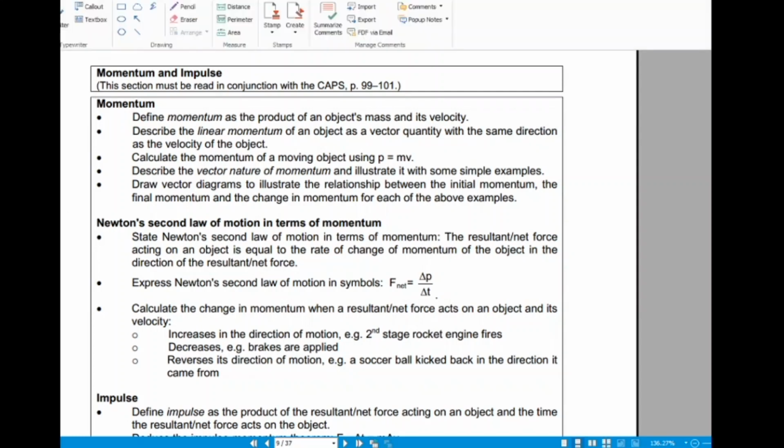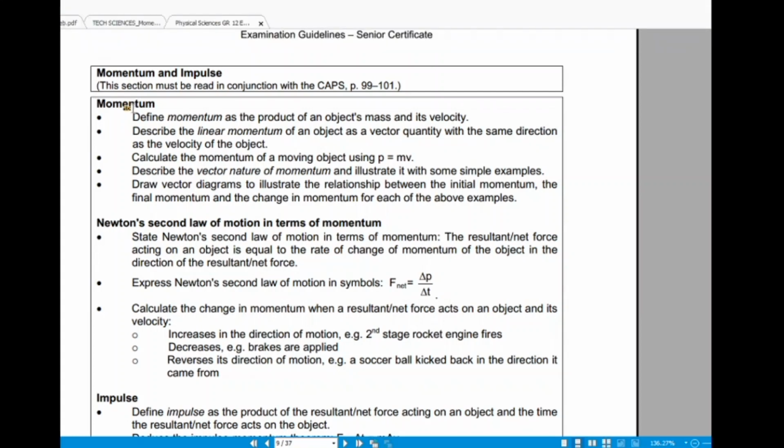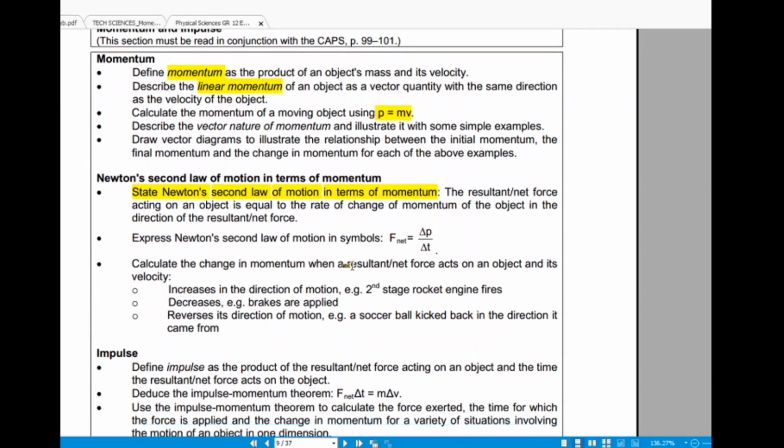We went through the definition of momentum, which is a vector quantity, right? It has both magnitude and direction, and we looked at the formula of momentum, and then discussed Newton's second law of motion in terms of momentum.